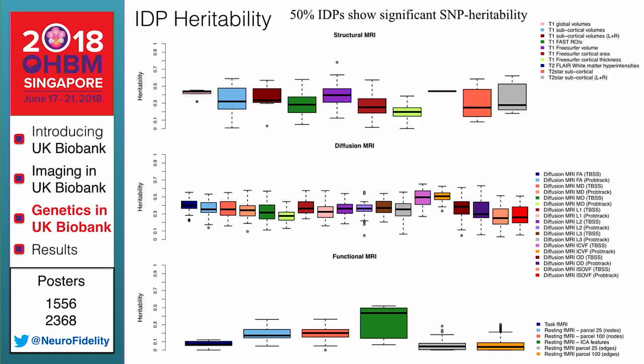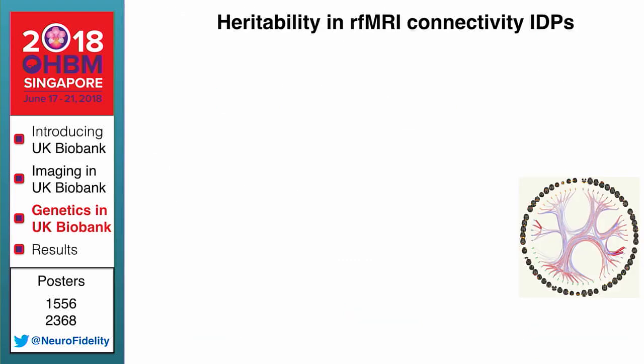But after we summarized the functional connectivity IDPs, the heritability was higher. The way that we summarized this was, we have almost 1,700 different functional connectivity IDPs, which are basically the edges from a network connectivity study.